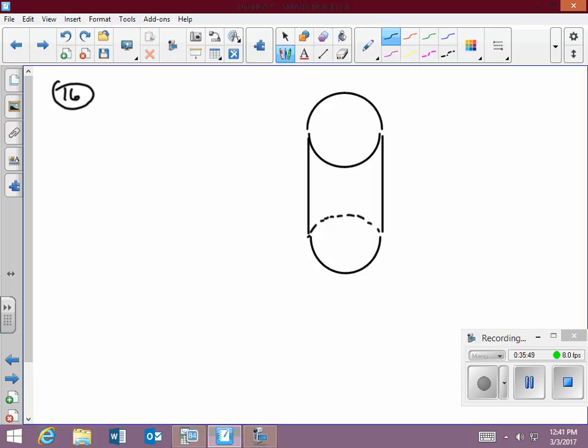They're saying this height, says the height of the cylinder is twice its diameter. So this is the radius.